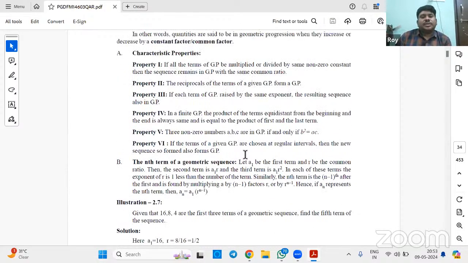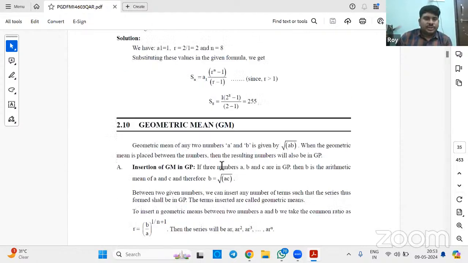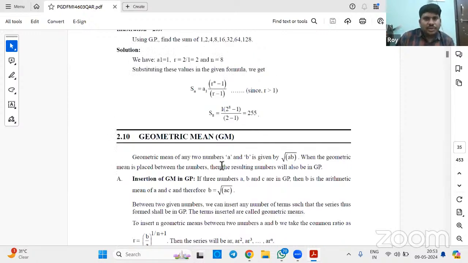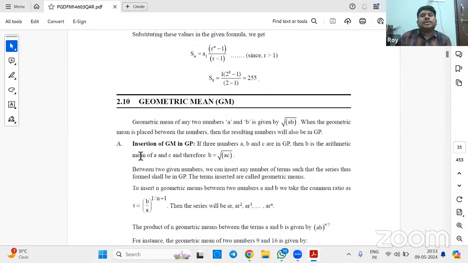We can see here. That's it. Right. Let's go into the geometric mean. In this geometric mean, insertion of geometric means, how will we get it? If two numbers are there, and I say that both are in geometric progression, the ratio is the same.